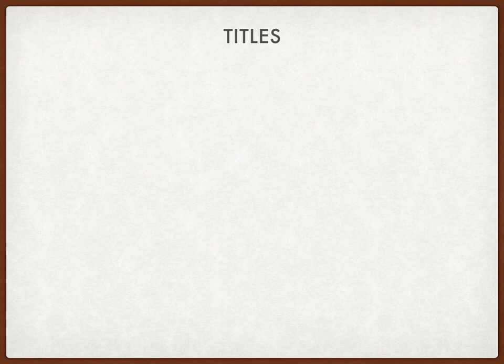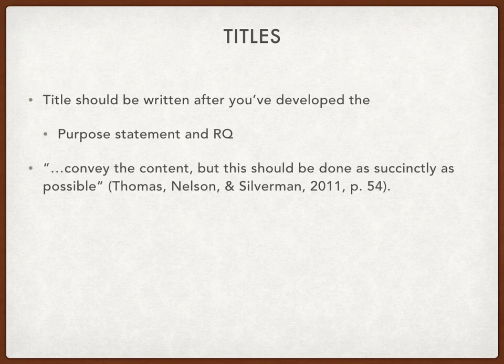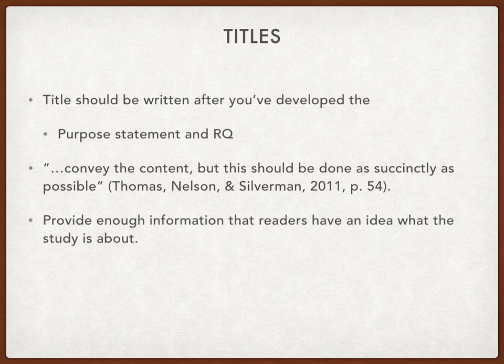And finally, our titles. The title for our article should be written after you develop the purpose statement and a research question. Usually titles are done towards the end of everything. And this is a quote from another research methods book: the titles convey the content, but this should be done as succinctly as possible. So you want to provide enough information that the readers have an idea what the study is about.